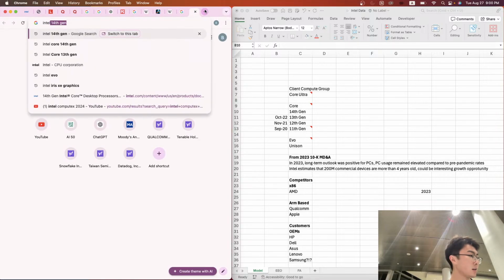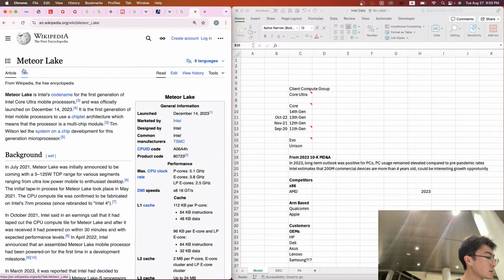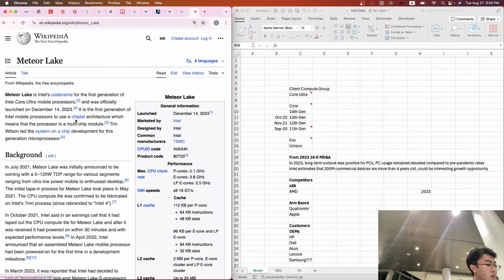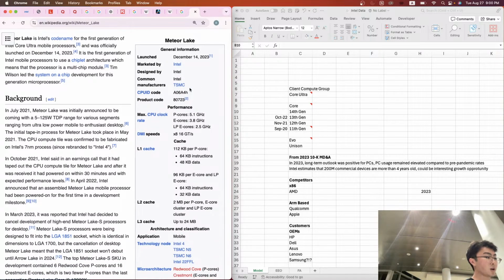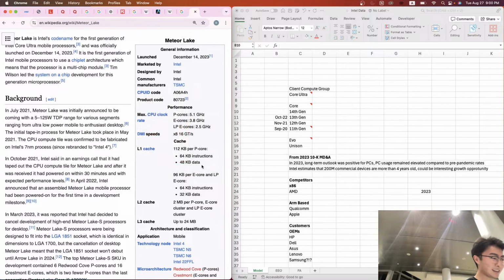Okay, Intel Meteor Lake of Intel Core Ultra mobile processors. Multi-chip module. Okay. So, oh, TSMC makes this. Oh my god. That's interesting.